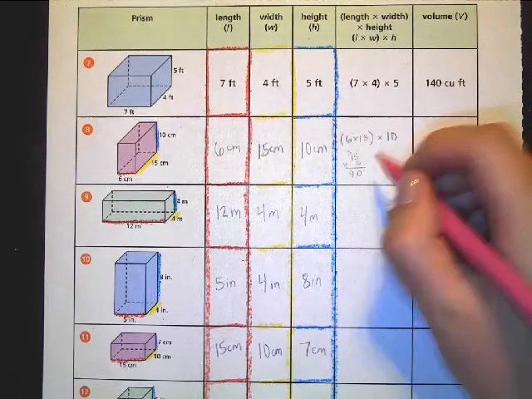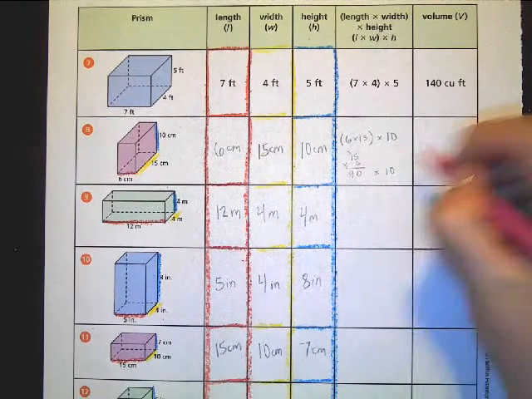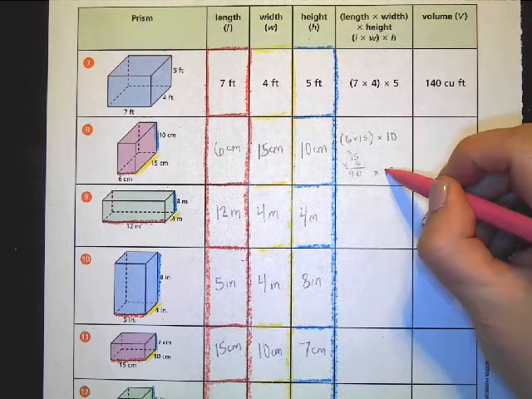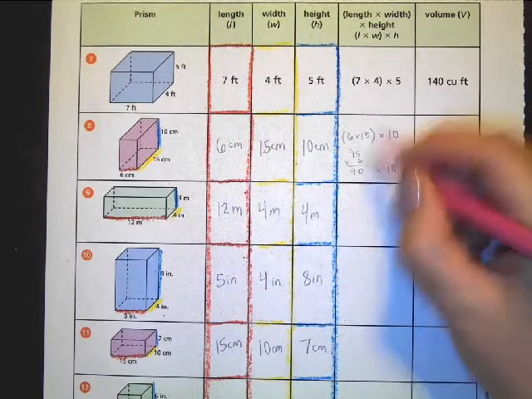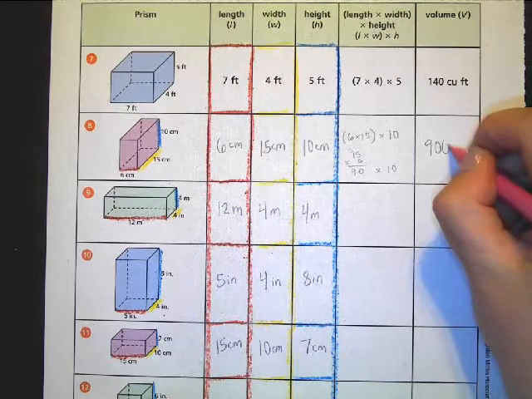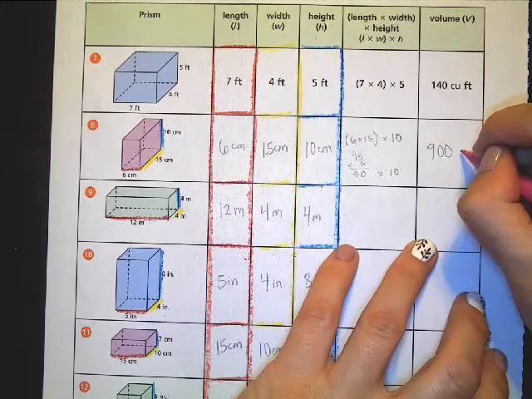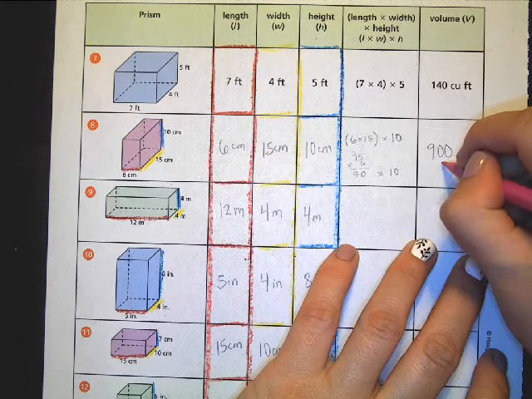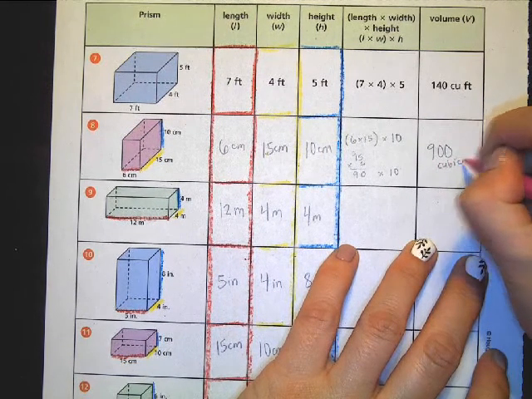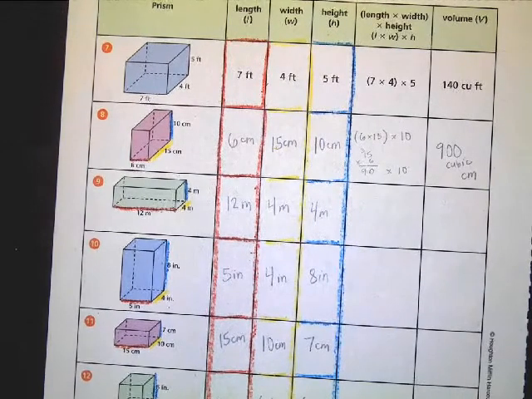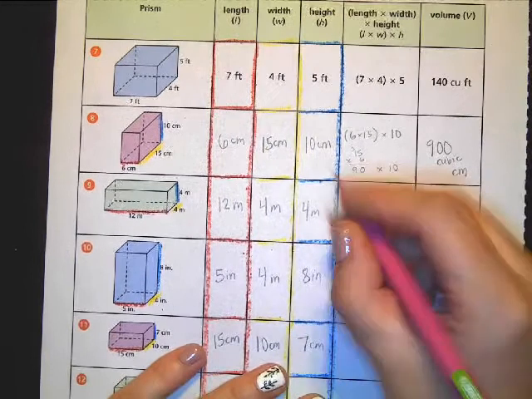And I don't even think I have to show the final answer here. I just have to know that now I do 90 times 10, and that's going to give me my final answer. Remember, 9 times 1 is 9, and then you add 2 zeros. So it's 900, and this time let's write out cubic centimeters. The next time we'll just do a little baby 3.